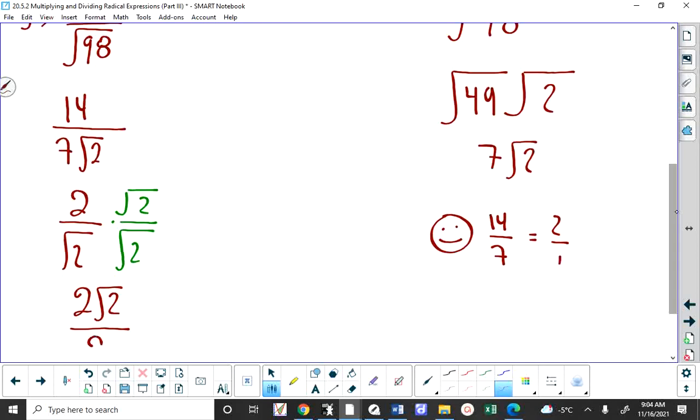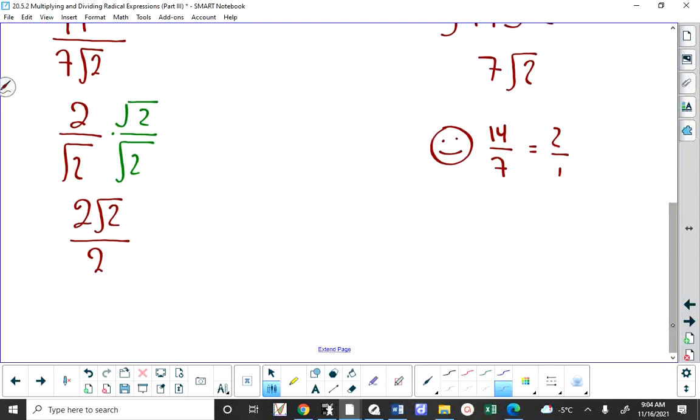And again, every time you think you've checked something off the list, like, okay, I've already divided the coefficients, now we can divide them again. 2 over 2 is 1. In other words, these two 2's cancel, and you're left with root 2, which is, I think, kind of a remarkable thing, that 14 over root 98 looks like a complicated number, but it's just equal to the square root of 2, it turns out.